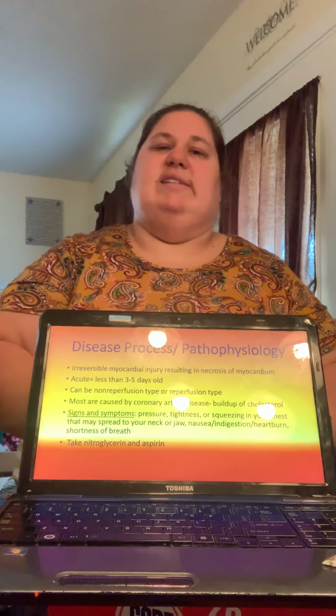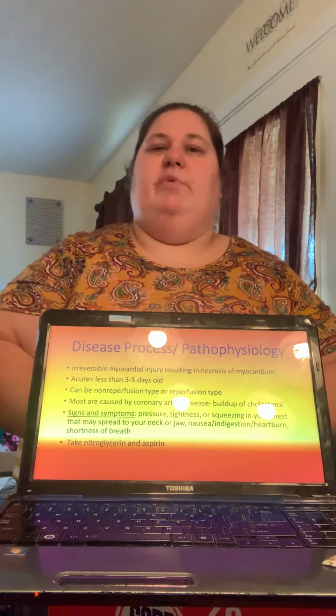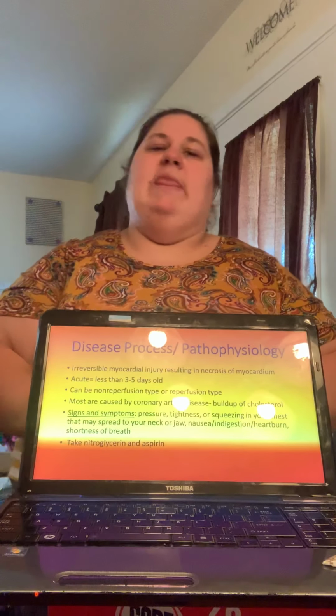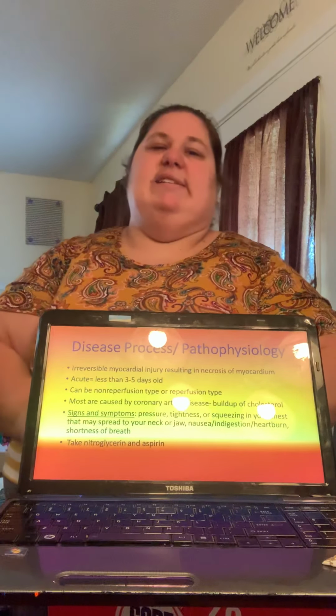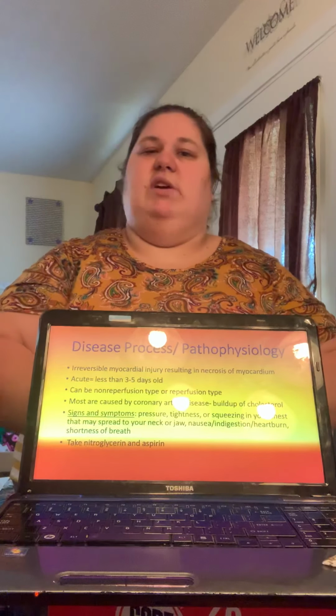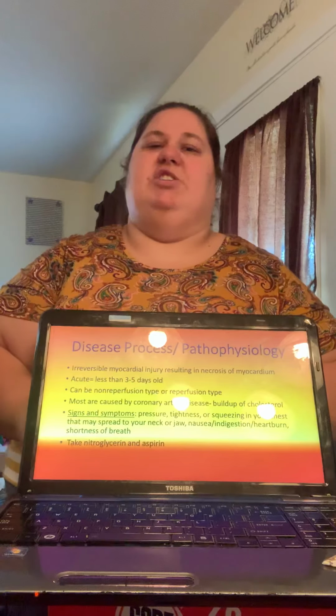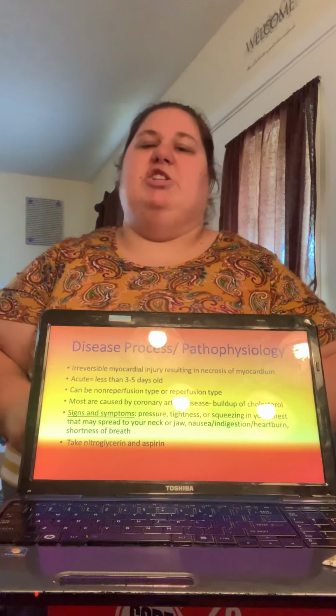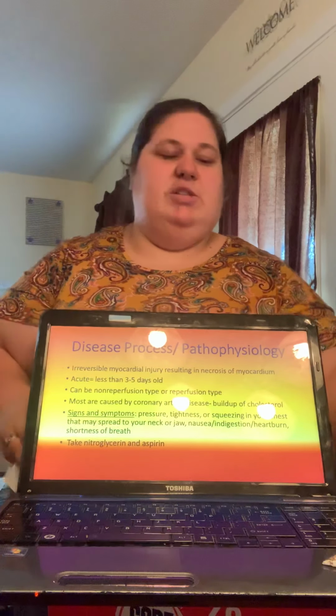And then it also discusses two different types, non-reperfusion and reperfusion. And then it also discusses some of the common treatment options, aspirin and nitroglycerin. So this is your information section. This is the part of the lecture where students get all the new knowledge.